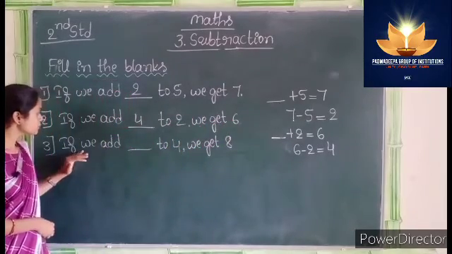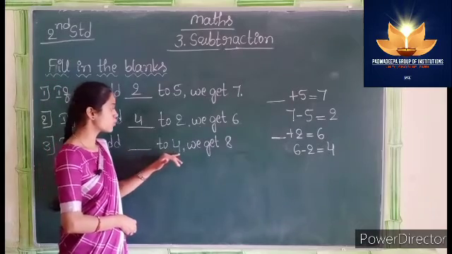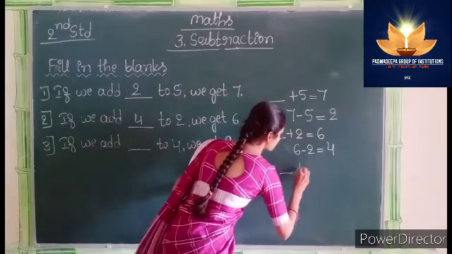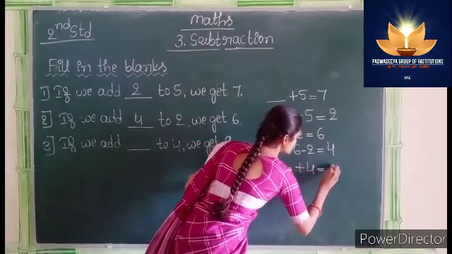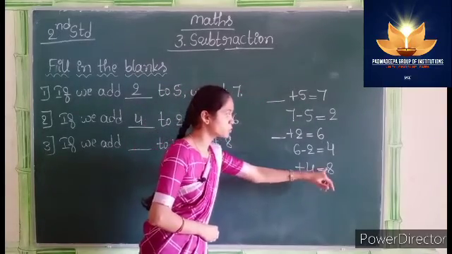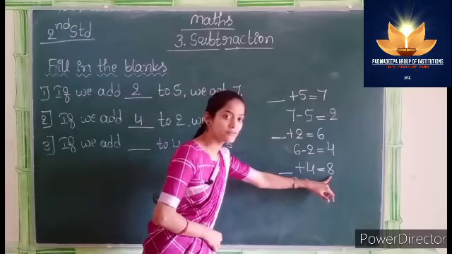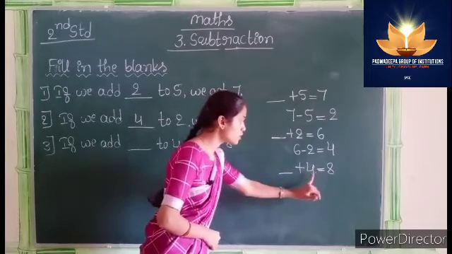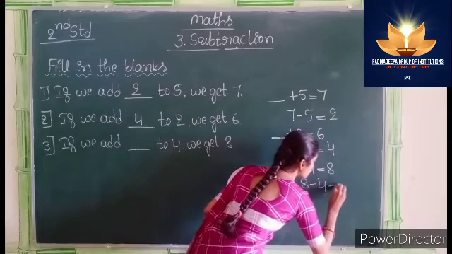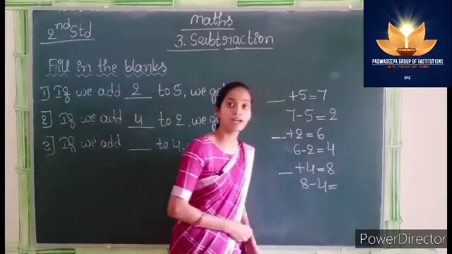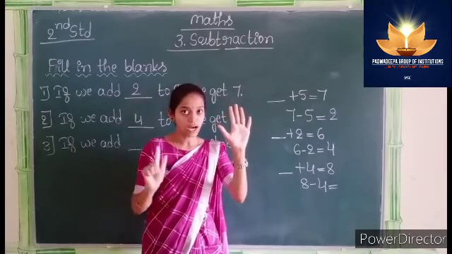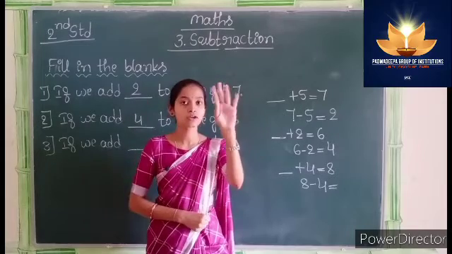And here if we add a blank to 4, we get 8. Blank plus 4 is equal to 8. Which number is added to 4 to get 8? For that we have to subtract 4 from this 8. 8 minus 4 is equal to how much, students? 8. We have to remove 4. 1, 2, 3, 4.